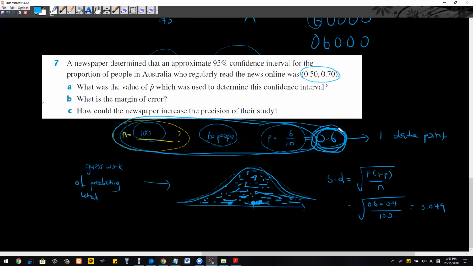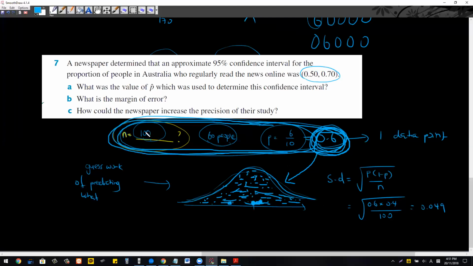You only calculated one proportion, but you are approximating what the distribution of the proportion would look like if you were to repeat this experiment many times. Understand? So some proportions will be here, some will be here, so they will be distributed.